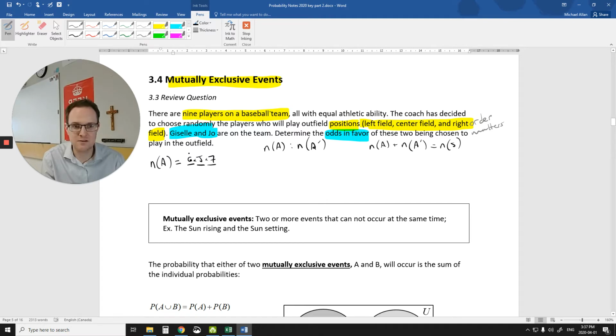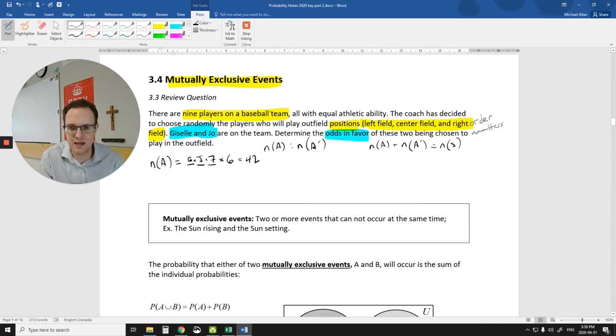But that's putting Giselle in the first left field and Joe in the second one, and then whoever's in the right position there. But I can rearrange these 3 people 6 ways, or 3 factorial ways. So there are, if I punch out my calculator here, 6 times 7 ways to do that.